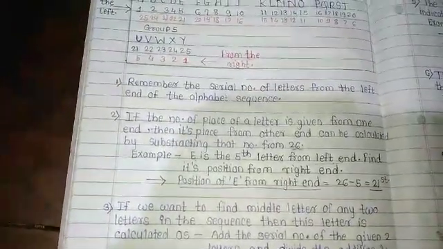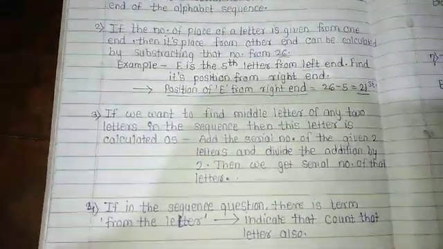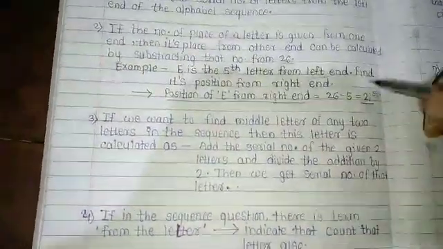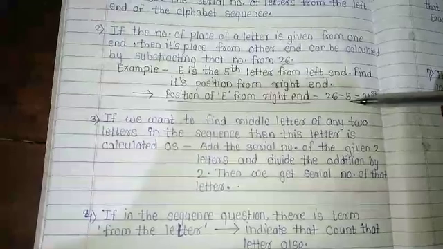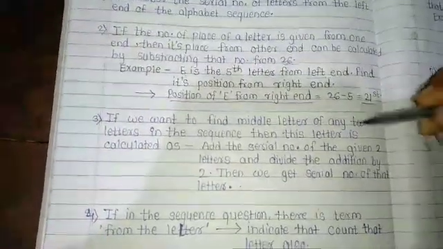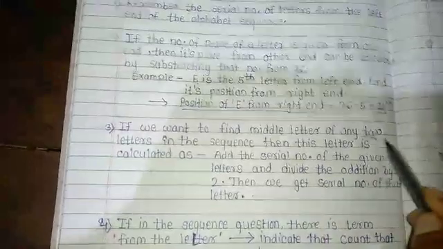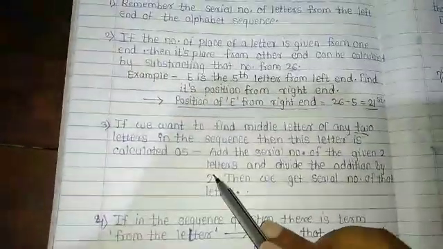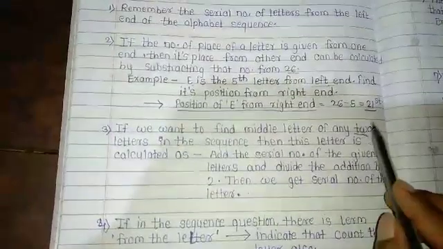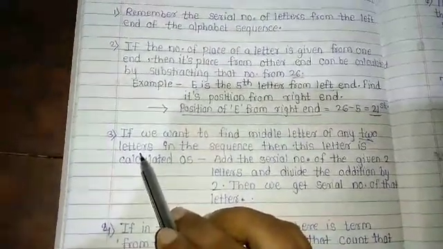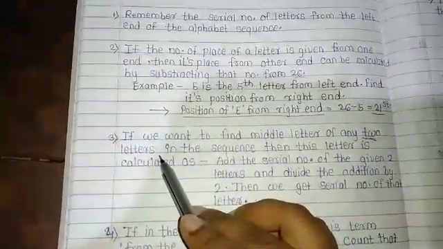They ask you to find the middle letter from any two letters, so we add the serial numbers of these two letters and divide the addition by 2.